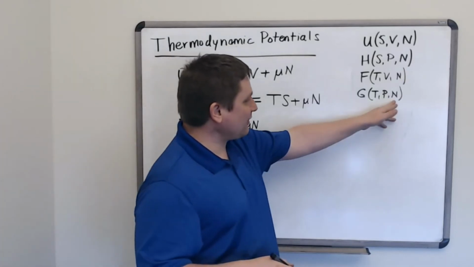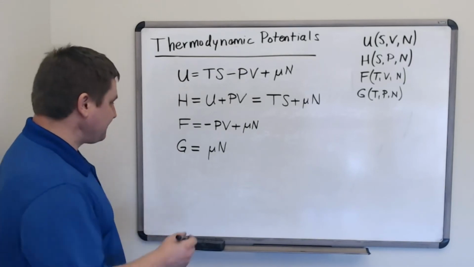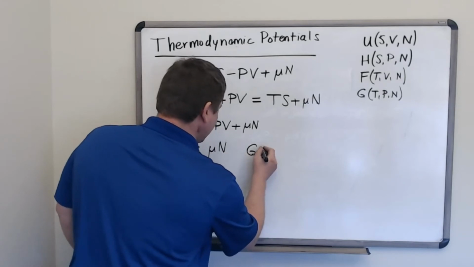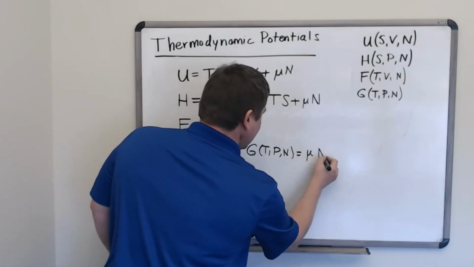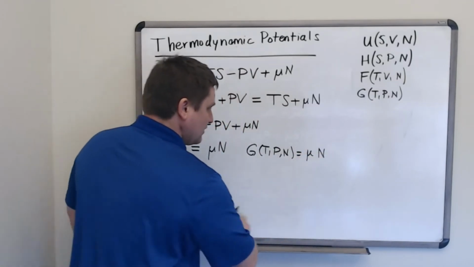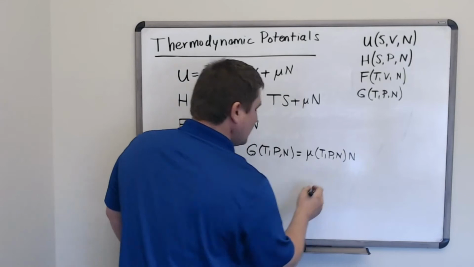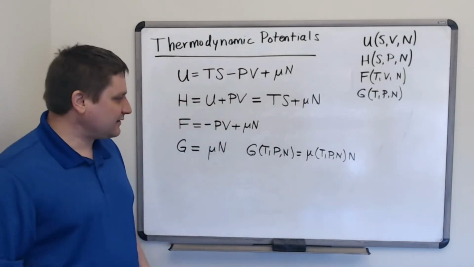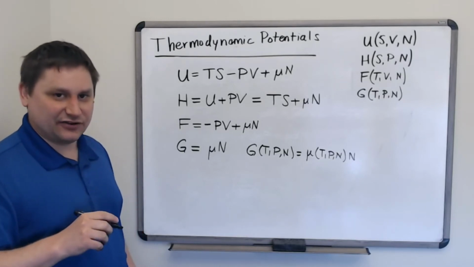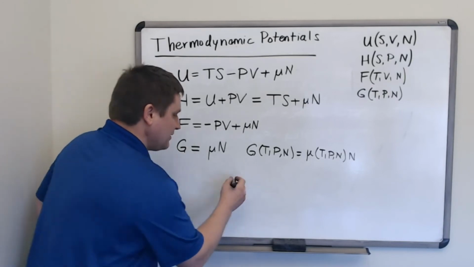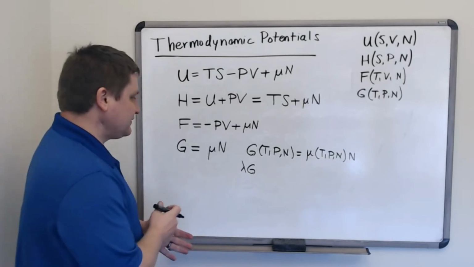Notice that the particle number is the only extensive variable in the Gibbs free energy. So if we were to write the Gibbs free energy G(T, P, N) equals mu times N, the chemical potential would therefore need to be expressed in terms of temperature, pressure, and particle number. But if we look at the scaling relationship of this equation, a thermodynamic potential is extensive, so G will scale up.